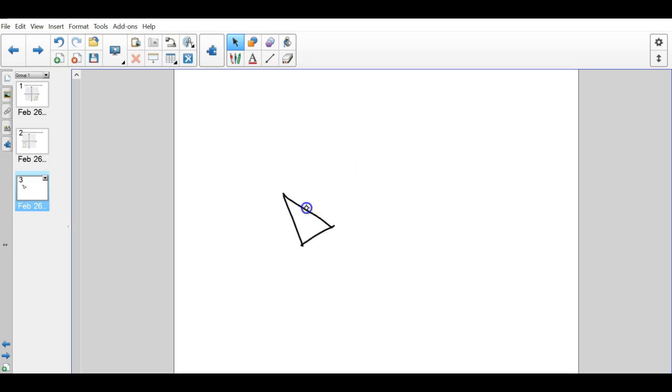Now you'll notice while I'm moving this, the size of the shape has remained the same. It has not grown, it has not shrunk. Obviously in this case that's pretty easy to see because it's just moving around like this. Now that would be called a translation.